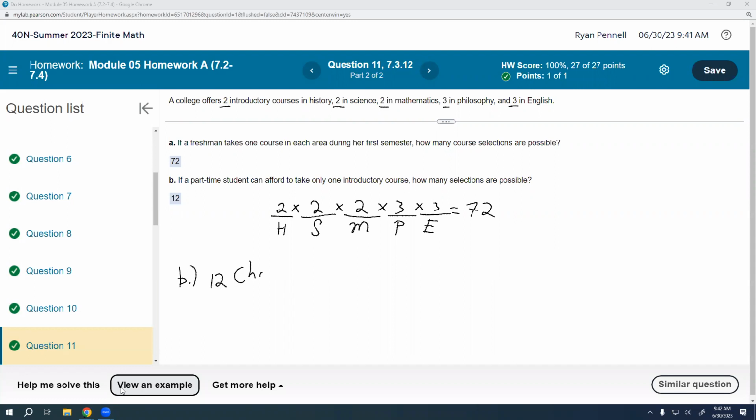We're going to choose to only take one. So how many choices do you have? Well, that's just 12 choices. But if you're going to take the others, how many possible ways? 72. That's a big difference. Hopefully that helps.